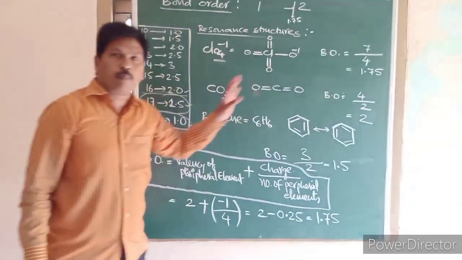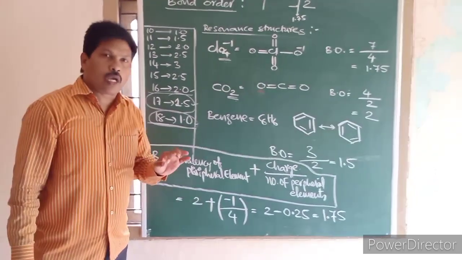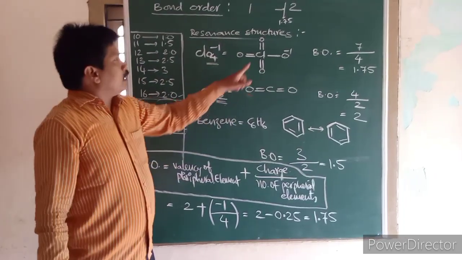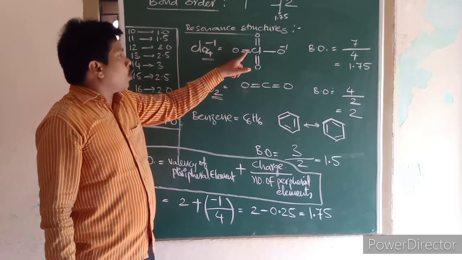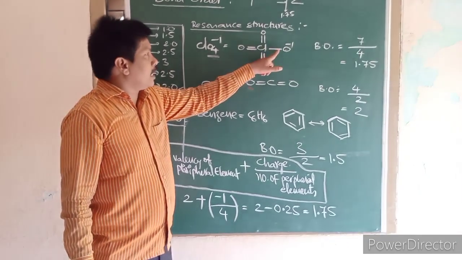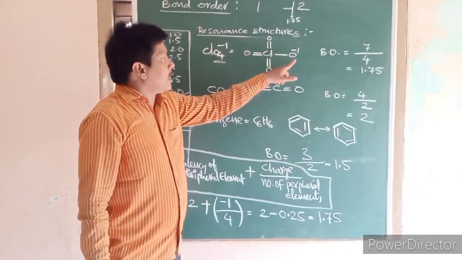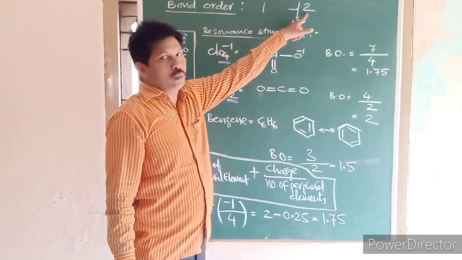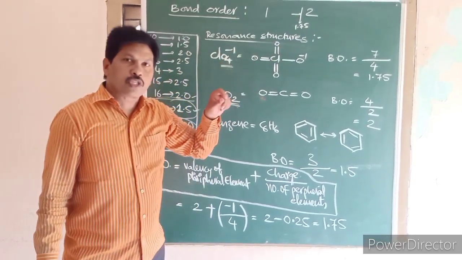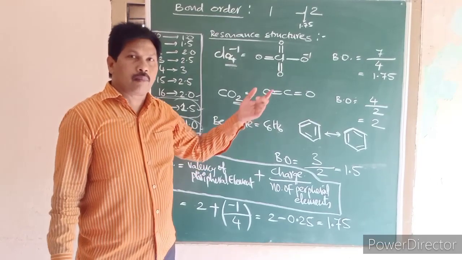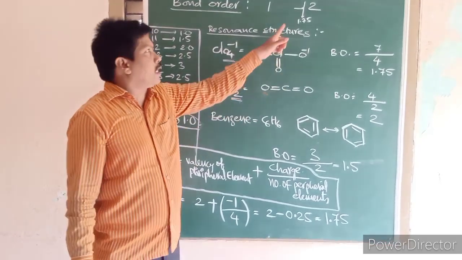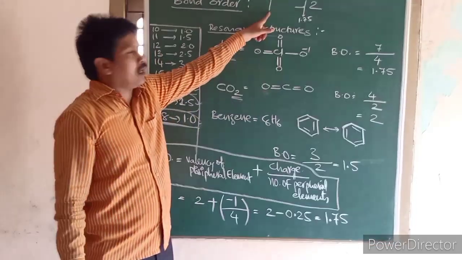And also by using the other formula, the bond order is 1.75. Here you catch one point: if the number of double bonds is more than the number of single bonds, the bond order is very near to 2. If the number of single bonds is more than the double bonds, then the bond order is very near to 1.